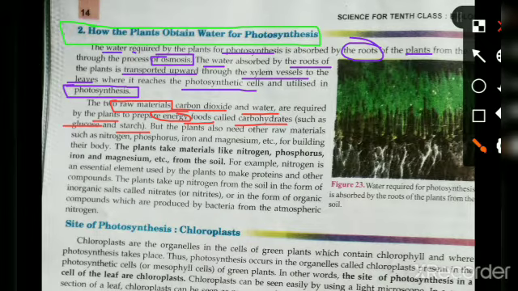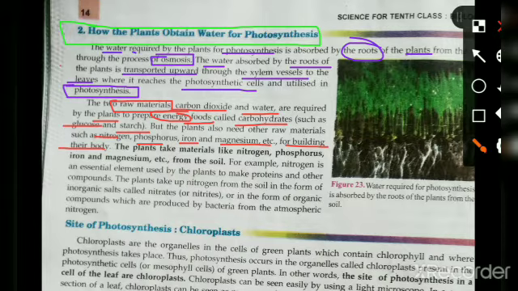Except these two raw materials, the plant also needs some other raw material for proper growth and proper photosynthesis. These raw materials are nitrogen, phosphorus, iron, magnesium, and they are necessary for building their body.